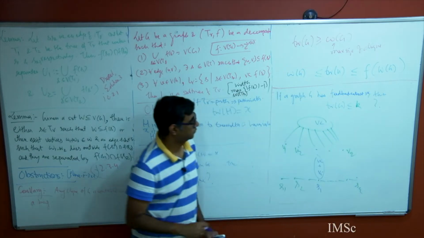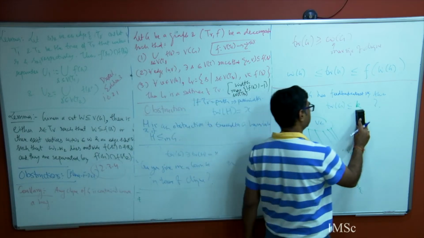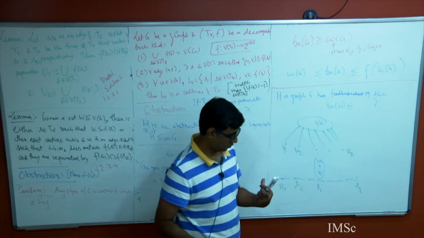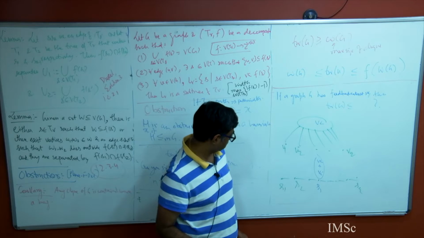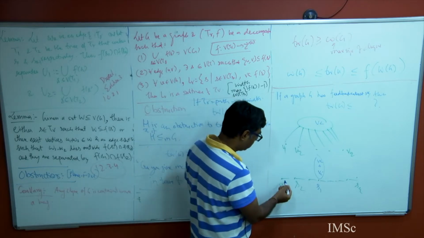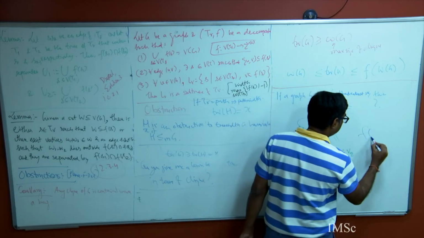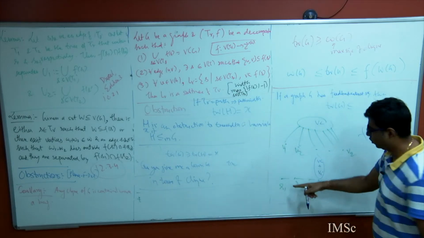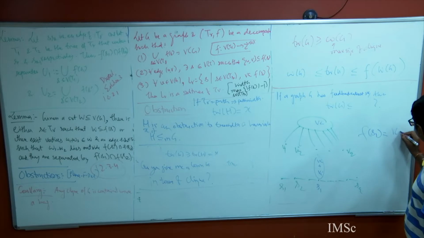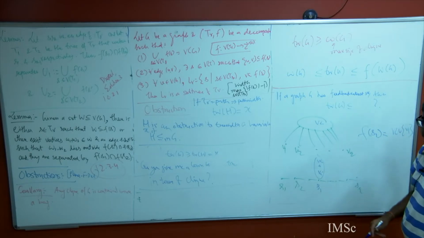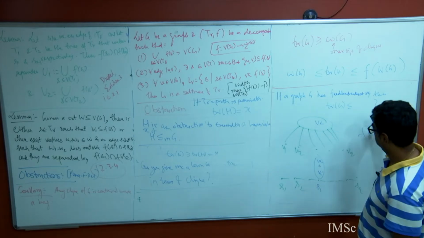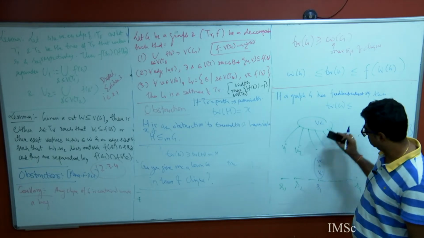Then the tree width of G is... My function of S1 maps to the vertex cover union V1. So what is the tree width of G then?